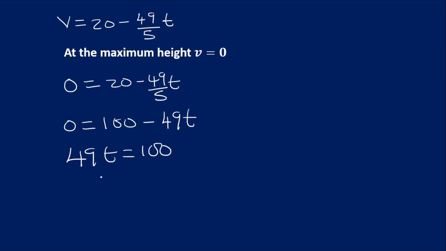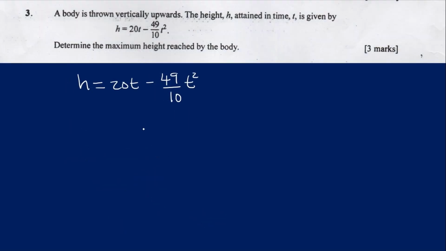And we divide both sides by 49, and t will be 100 divided by 49, which gives 2.04 seconds.